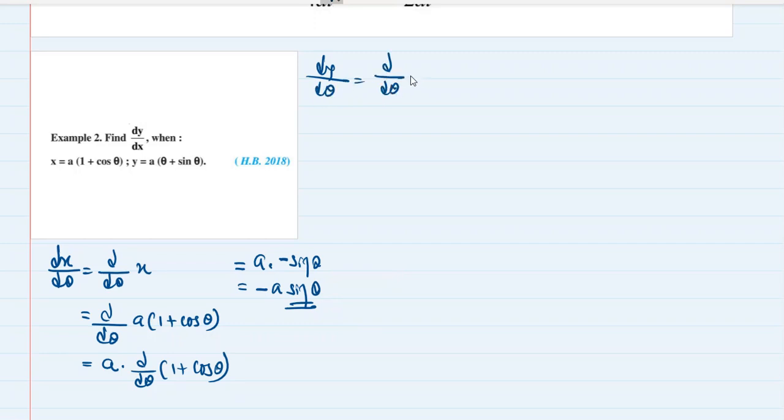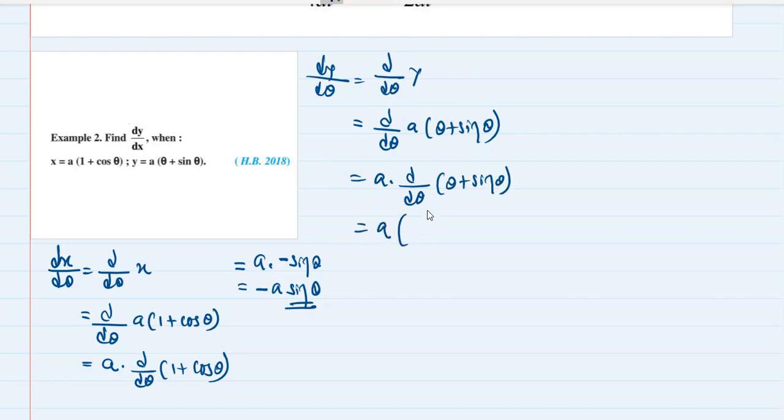Let's find dy by d theta. That is d by d theta of y, that is d by d theta of a bracket theta plus sine theta. So that is a multiplied by d by d theta of theta plus sine theta. d by d theta of theta is 1 and d by d theta of sine theta is cos theta. So a bracket 1 plus cos theta.